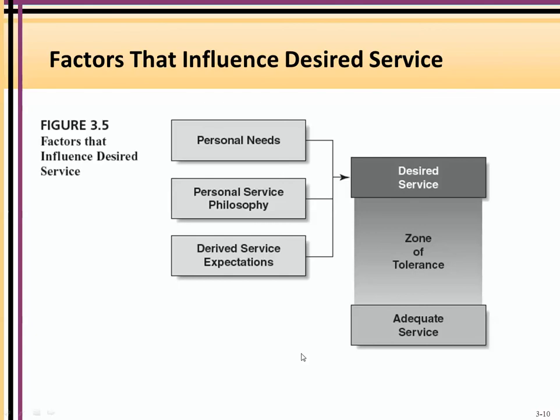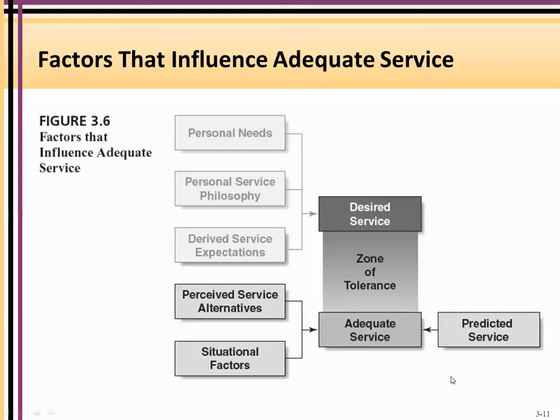Now, how do we come to determine what is the desired level of service? It's based on personal needs, personal service philosophy, and derived service expectations. Where do we get the bottom line from? It depends on situational factors, what competition might be out there, and also predicting what type of service you're going to get, and that could be through advertising.